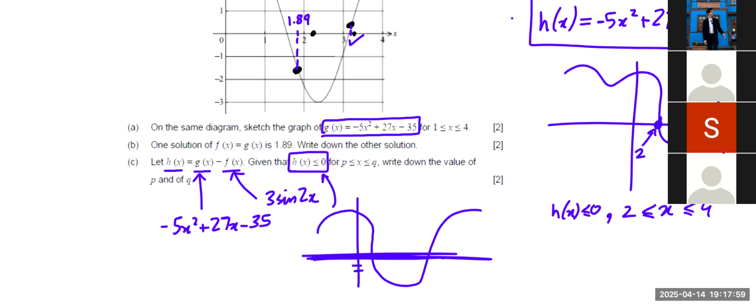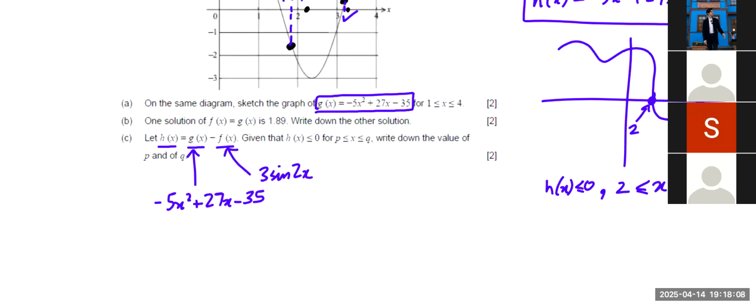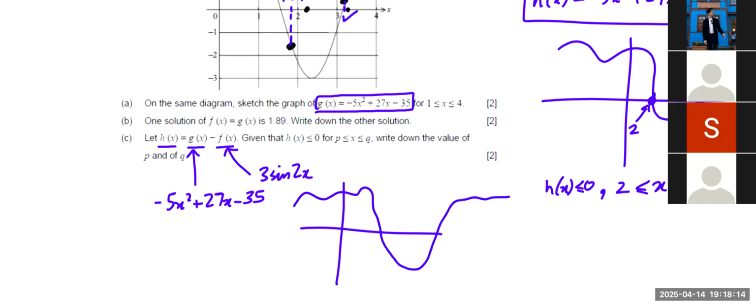Now, given that this function is negative for this range, I don't know what range it is, but for some x values, the function is negative, meaning the function is doing some funky stuff, but for some x values between this x value and this x value, the function is negative. You see this part of the function? It's below the x-axis, which means that it's in the negative section.